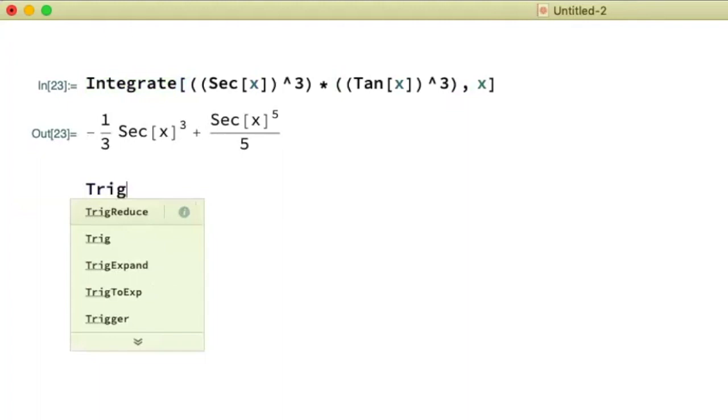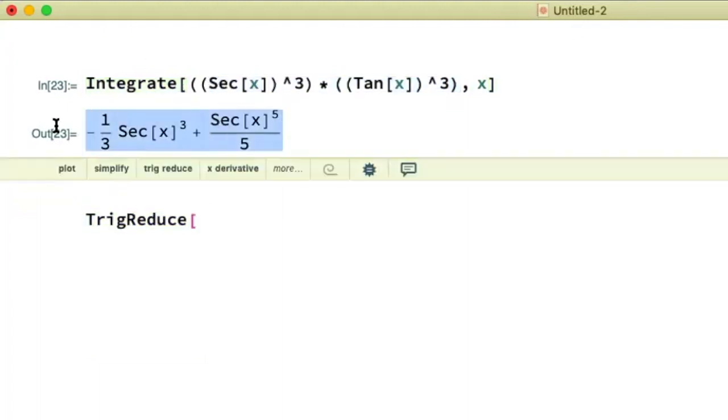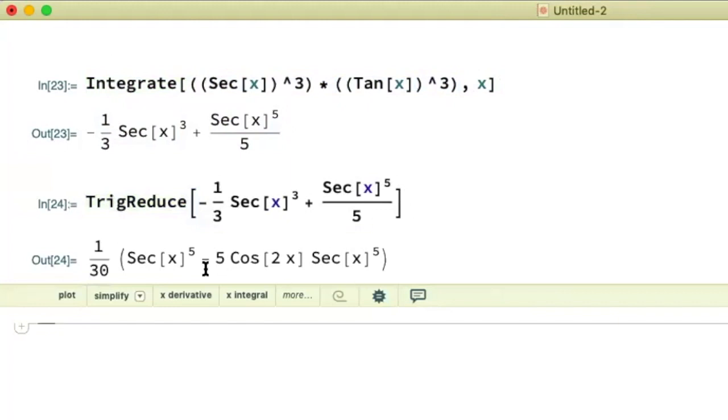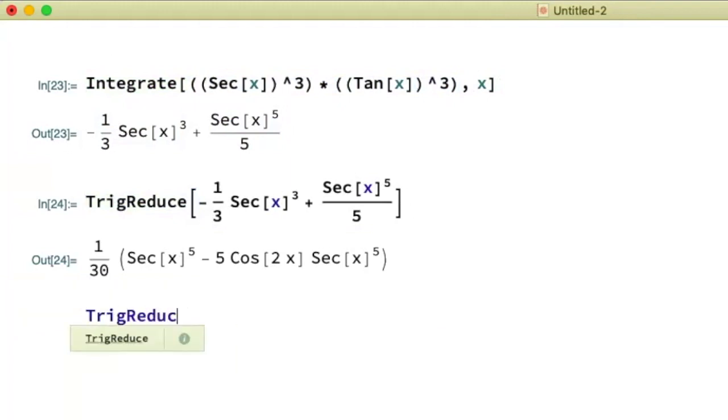But you still could apply the trig reduce command to the result that Mathematica came up with for the integral. It will write it in another way. And then I can use the trig reduce command on my answer, which is similar again to what Mathematica had, but just a little bit different.